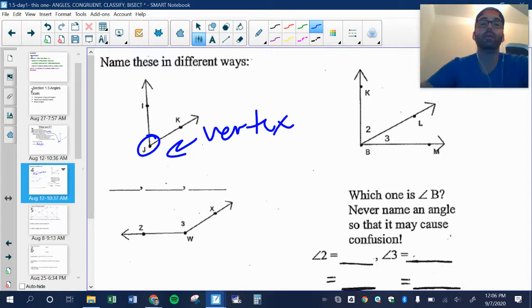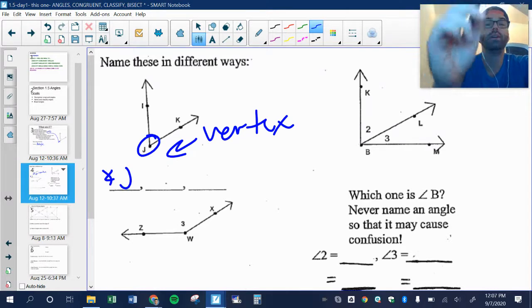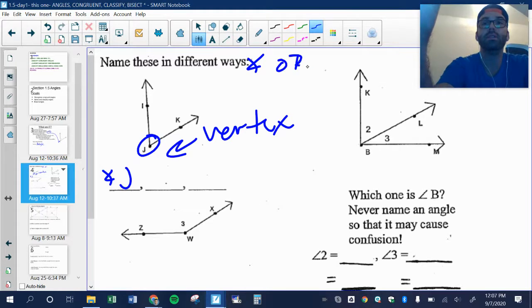Okay, if I were you, I would write down these pictures and then the names as well. So the way to name these, I can use a single letter, so I can call it angle J. This little symbol here means angle. Now you may see it written like that, or sometimes in the book they just write it like that. There's a couple different ways. I will use that.